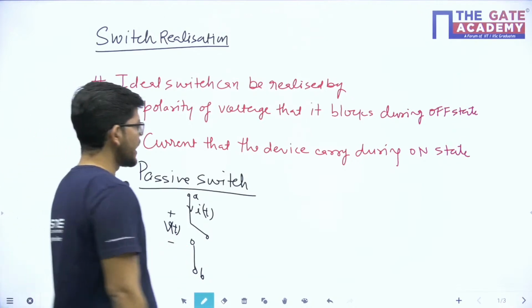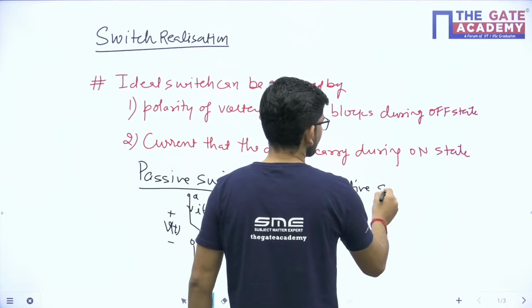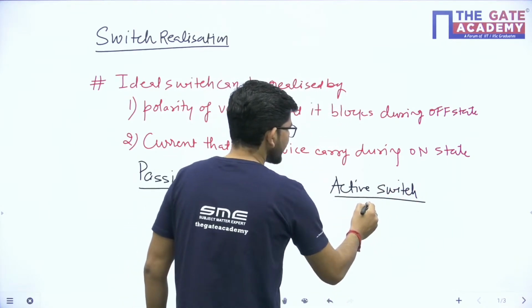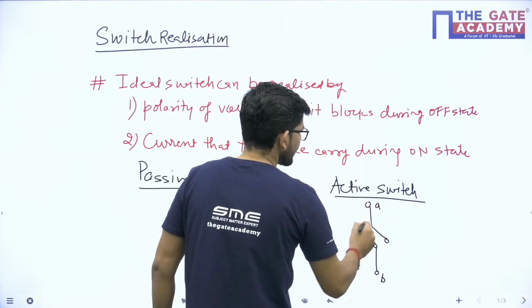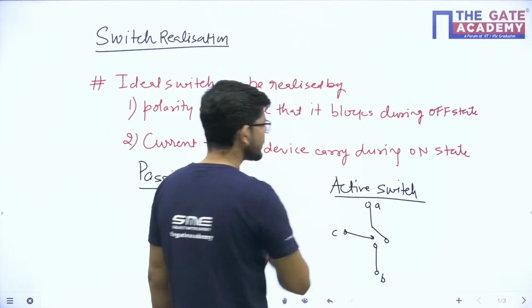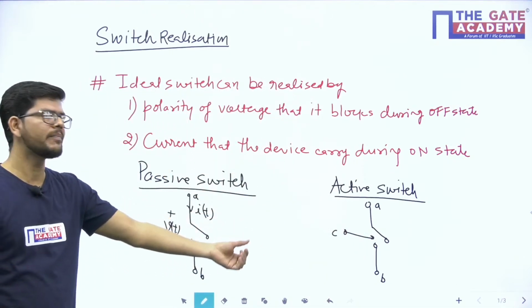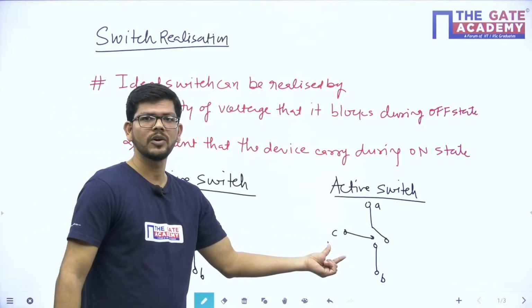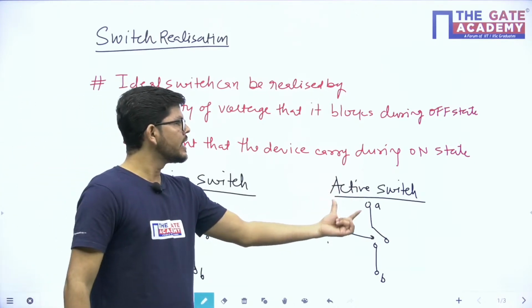Now if we talk about active switches, in an active switch we have a control terminal available, called C. Whether the device is going to be on or off depends upon the control signal applied across this terminal C. There is no control terminal in a passive switch, but there is a control terminal in an active switch.